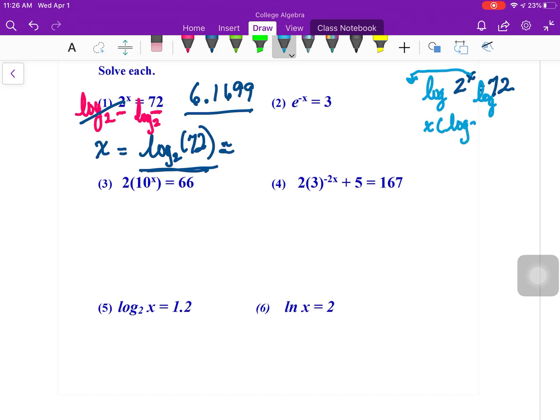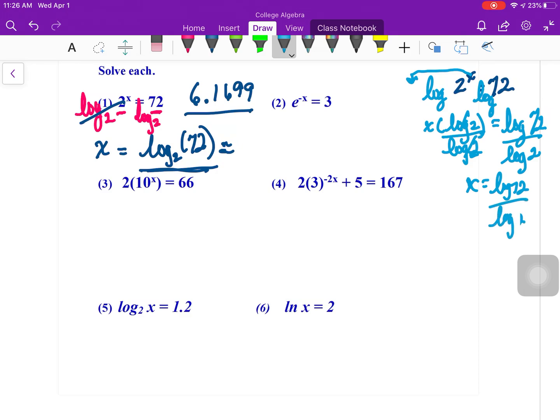So I have x times log base 2 equals log 72. I'm going to divide by log base 2. So x equals log 72 divided by log 2, which also gives me 6.169, because this is what's programmed into that log base button.